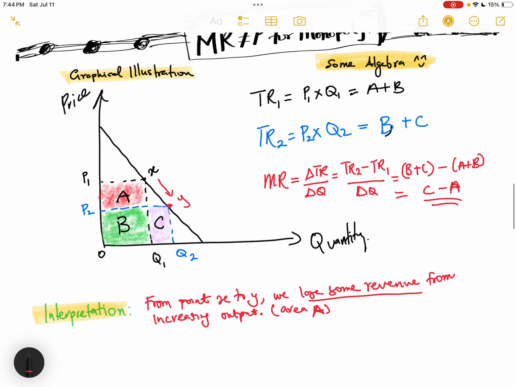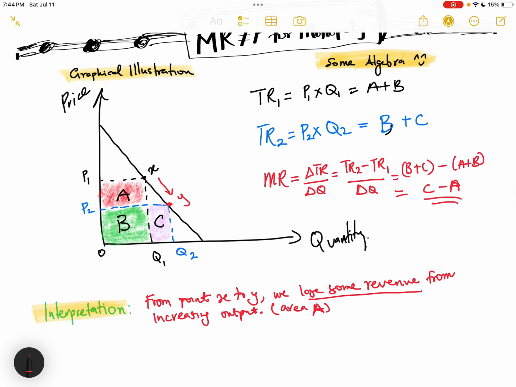Area A. Okay, what else is happening? Well, as we move from point X to Y, we gain some revenue.